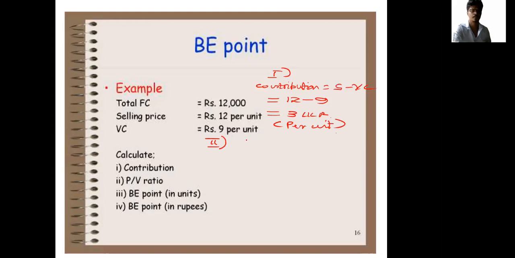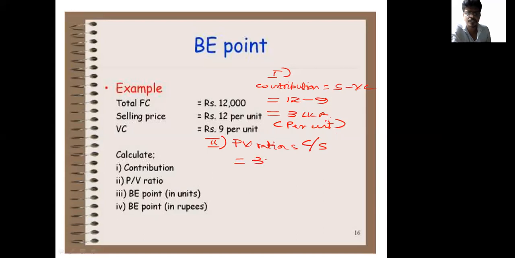Point 2, PV ratio. How to calculate the PV ratio? PV ratio equals contribution divided by sales.